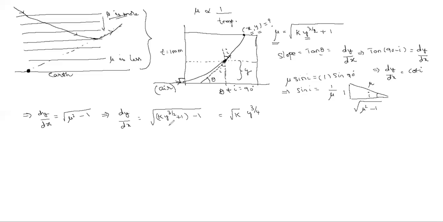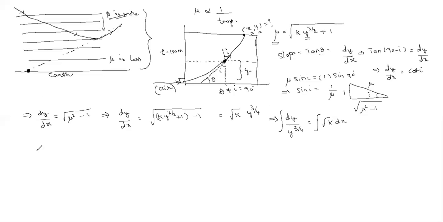Am I right? Now you are getting some relation here. That implies dy by y power 3 by 4 equals root k into dx. Rearranging the terms, then integrate on both sides.